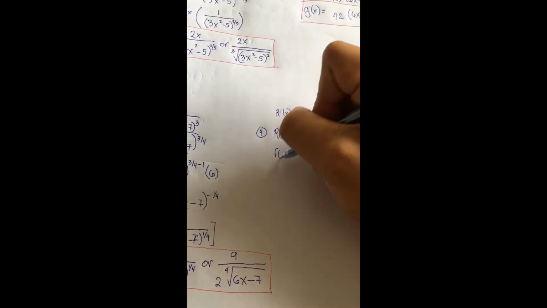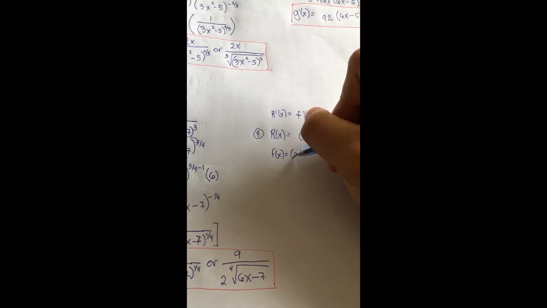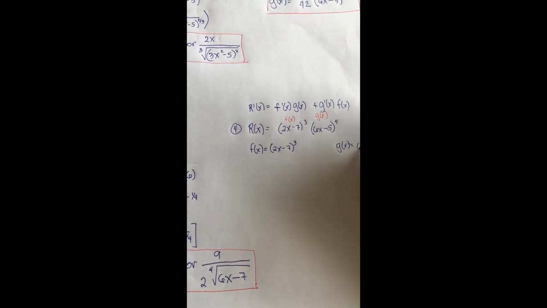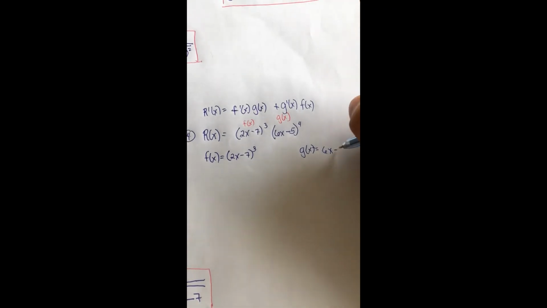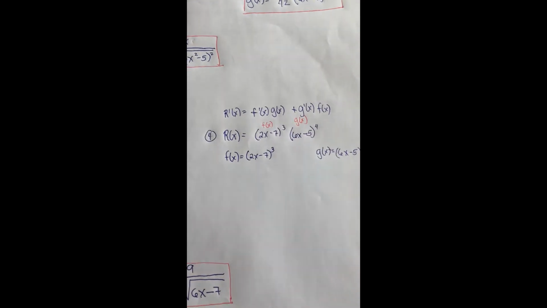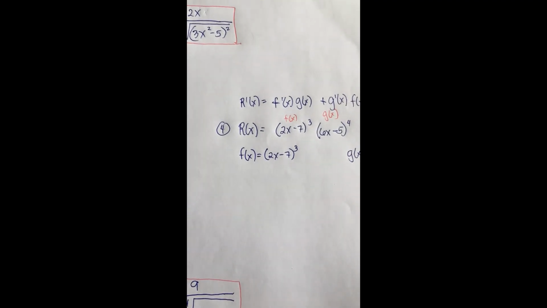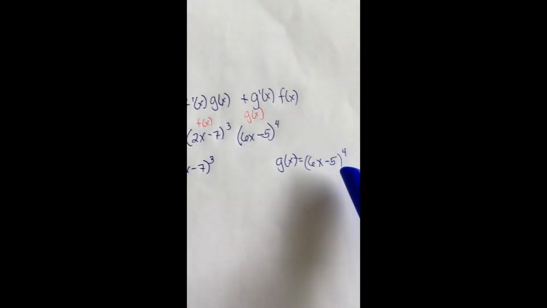So our f of x, we have 2x minus 7 cubed. And our g of x is 6x minus 5 raised to 4. Okay, of course, we are going to get the derivative of each function. Derivative of f of x and the derivative of g of x.